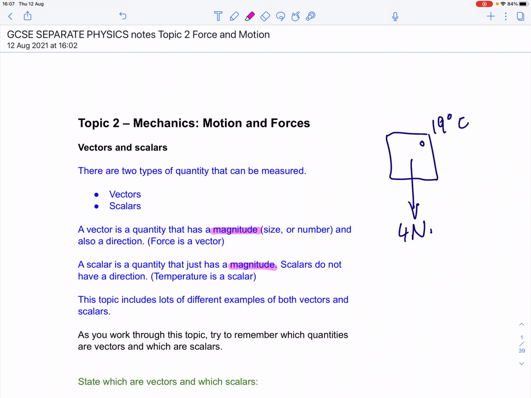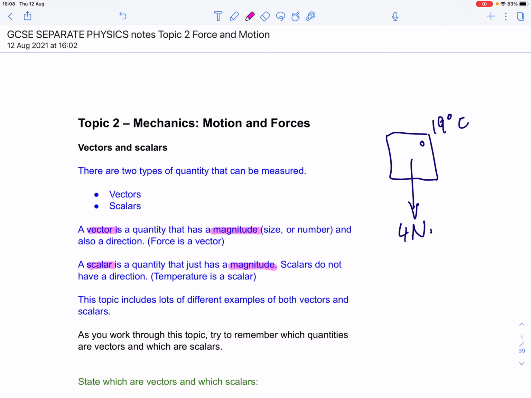So the magnitude is the size or the number related to the quantity, and we can see that the magnitude or the number related to the temperature is 19 degrees Celsius, and the magnitude or the size of the force is 4 newtons. So 19 Celsius is the magnitude of the temperature and 4 newtons is the magnitude of the force. No differences yet, those are the similarities, because vectors and scalars both have a magnitude.